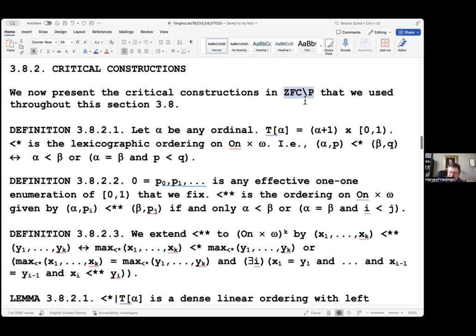It's not enough to do anything interesting, as far as I know. It's right on the fence. But it's the base theory for which I can describe everything. All right, so I'm going to be talking about ordinals all the time here, and ON.